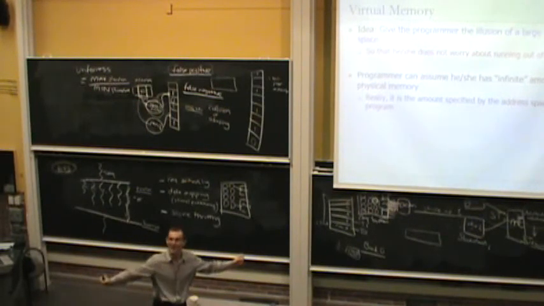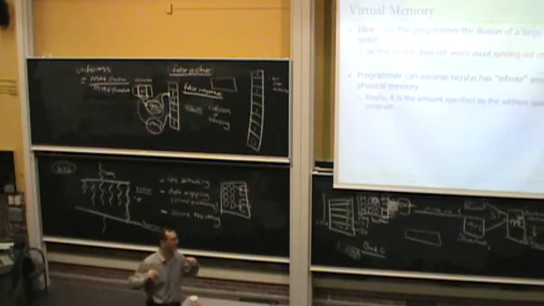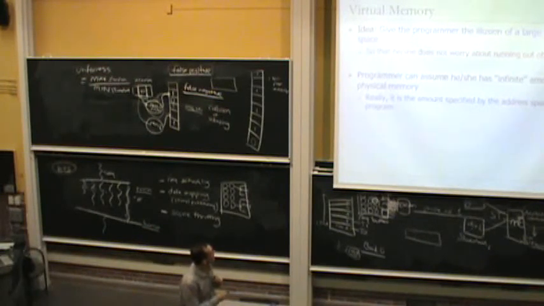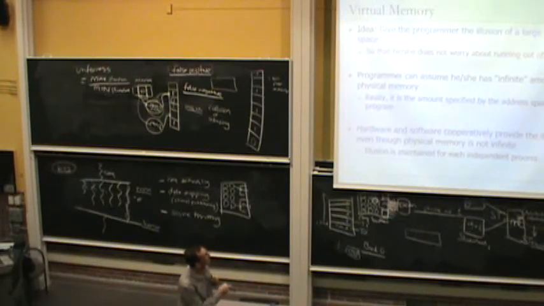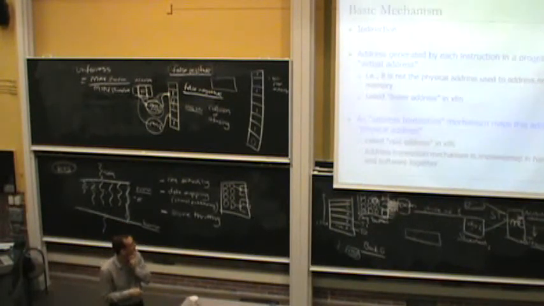So you could still run out of that address space. You may have gotten virtual memory exhausted errors when you write big programs. Hardware and software cooperatively provide the illusion that the programmer has an infinite amount of memory, even though physical memory is not infinite. And this illusion is maintained for each independent process.